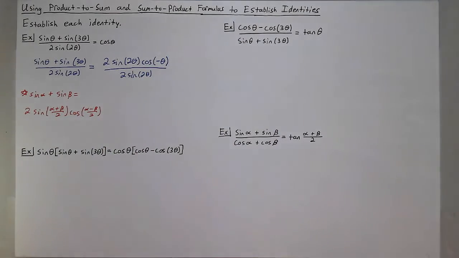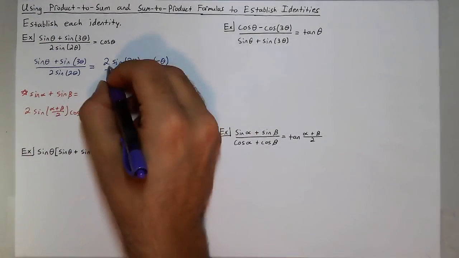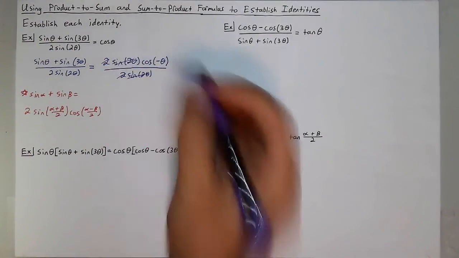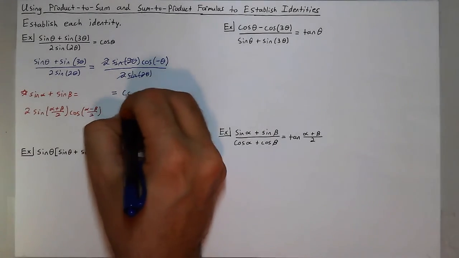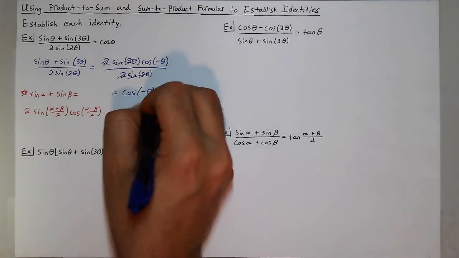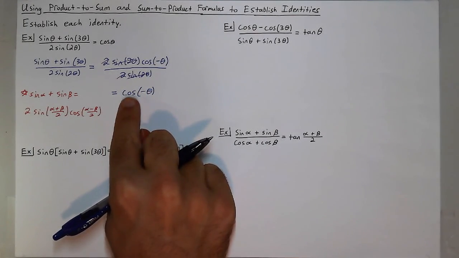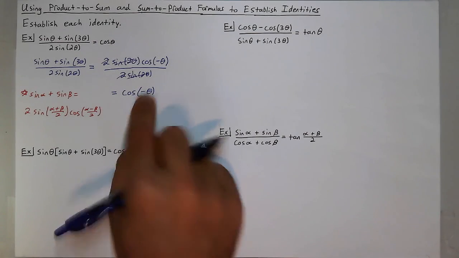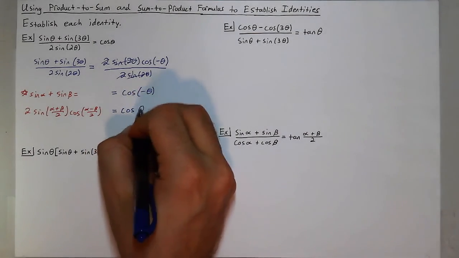Now right away I can already see several things cancel. So the 2's and the sine of 2 thetas cancel. And I'm left with just cosine of negative theta, which by the even property for cosine, since it is an even function, I can eliminate the negative on the inside of that function, leaving me just cosine of theta.